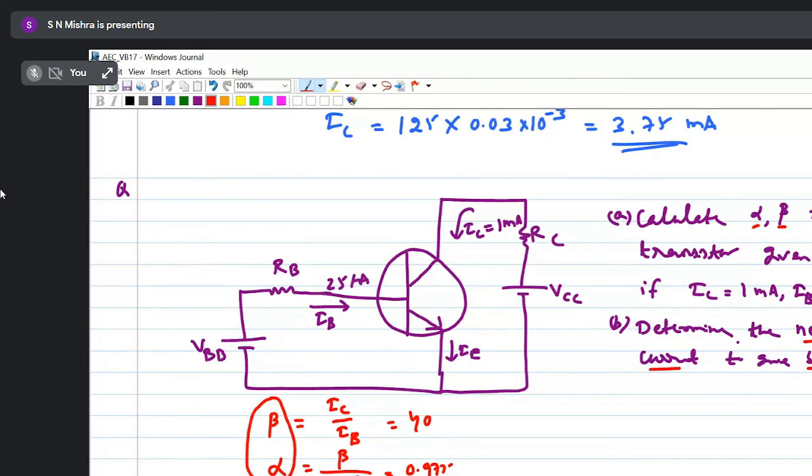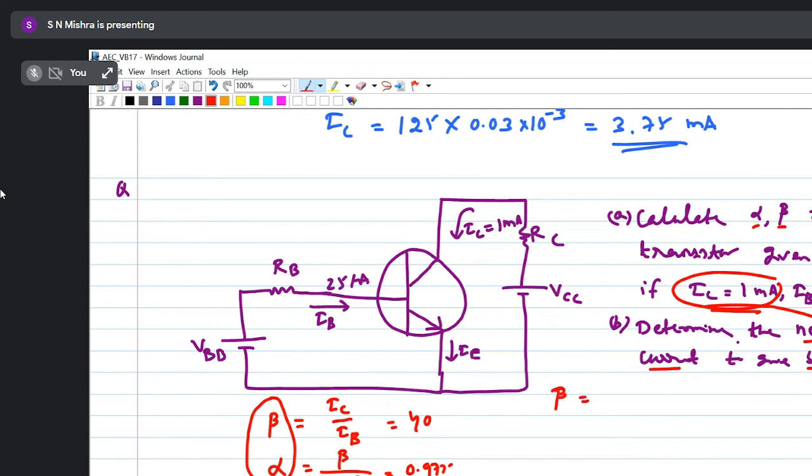Here IC is 1 milliampere; now from 1 to 5 milliampere, how much should IB be so that beta stays constant? So 5 by 40.